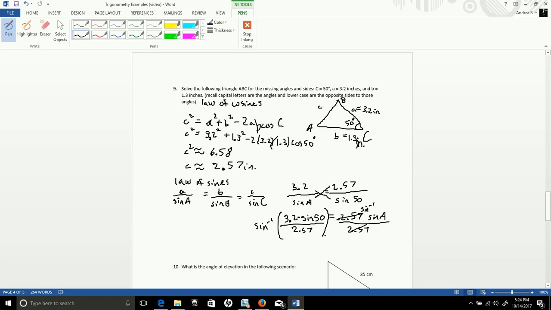That way you're less likely to make mistakes getting that entered, because then that'll give you your angle A. And remember, this is in terms of degrees since we're solving for an angle. So I'm going to enter this in: inverse sine of 3.2 times sine of 50 degrees divided by 2.57. So it looks like here we get about 72.52 degrees.